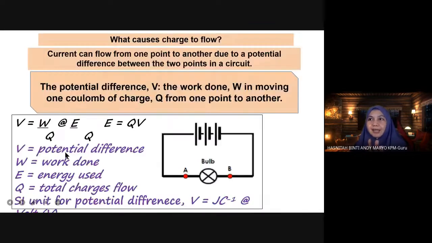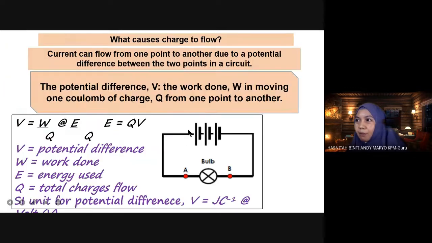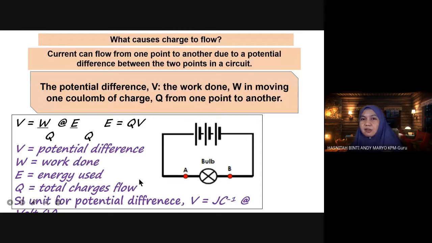Potential difference is work done in moving 1 coulomb of charge from one point to another. It means the work done to move charges from point A to point B along this circuit. Point A and point B can be anywhere, one on the positive side, one on the negative side of the circuit.